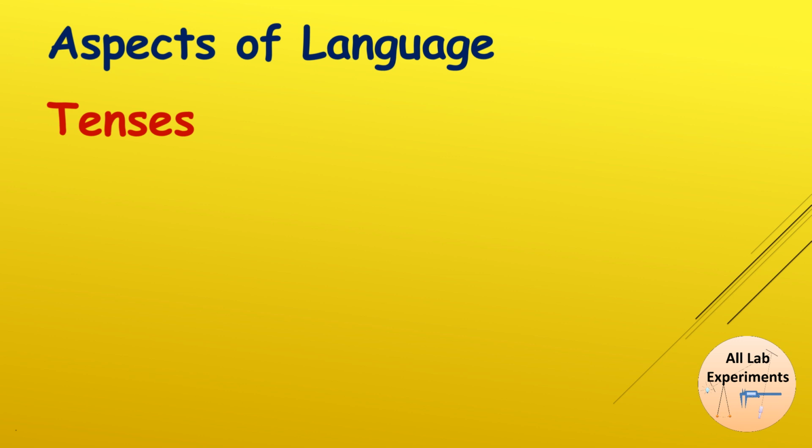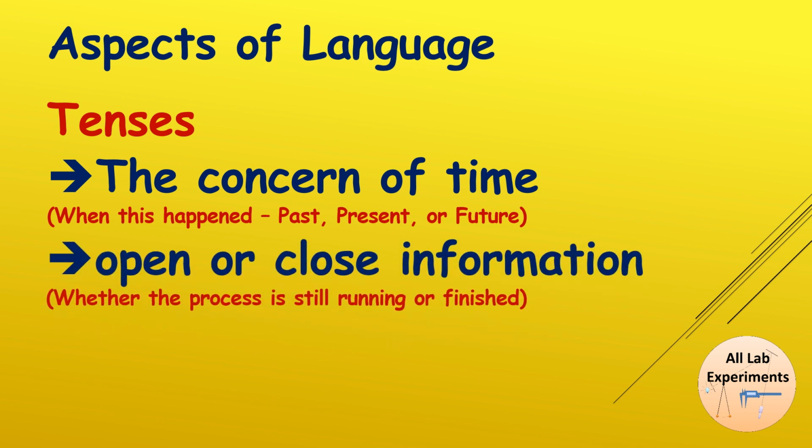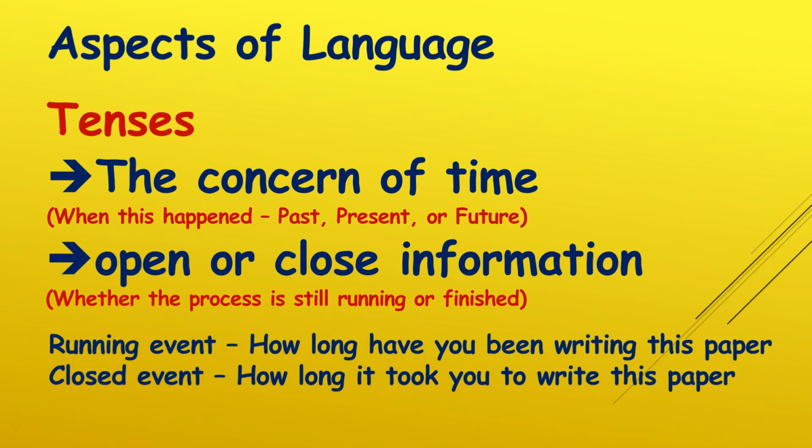First of all, a tense explains the concern of time, meaning when the event happened, whether in the past, present or future. The next information we can get from tenses is whether the information is open or closed. For example, just imagine you are writing a research paper and you are still writing it, and your supervisor comes to you and asks, how long have you been writing this paper?